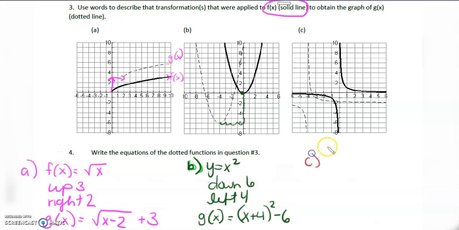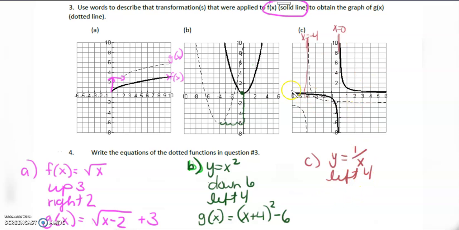And then C. I'm going to use the vertical asymptote. The vertical asymptote starts at x equals 0, and now the vertical asymptote is negative 4. So this went left 4. The base function is 1 over x.